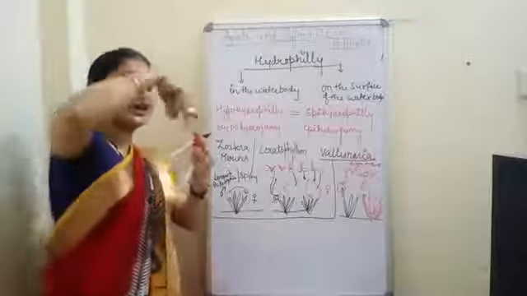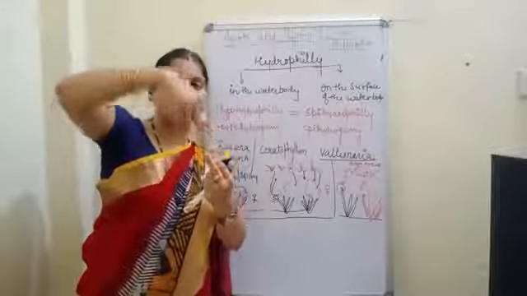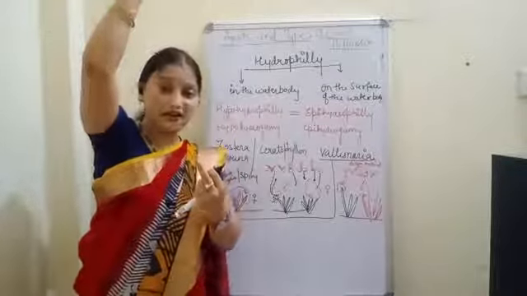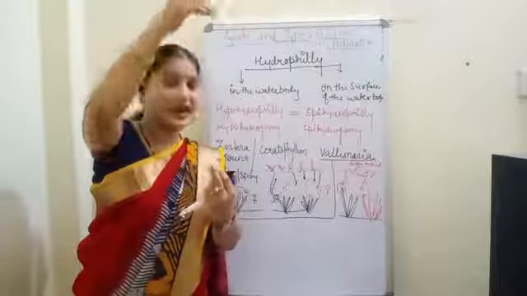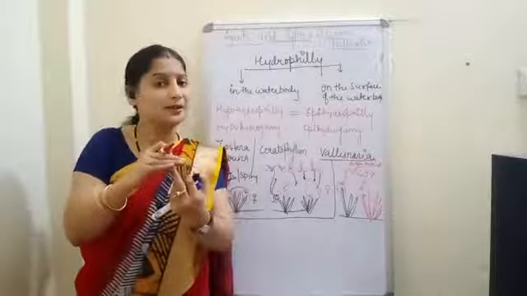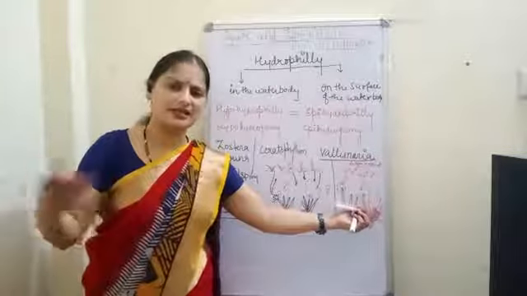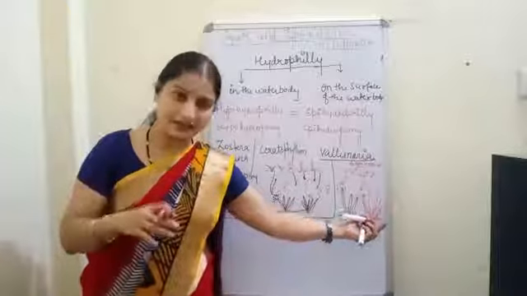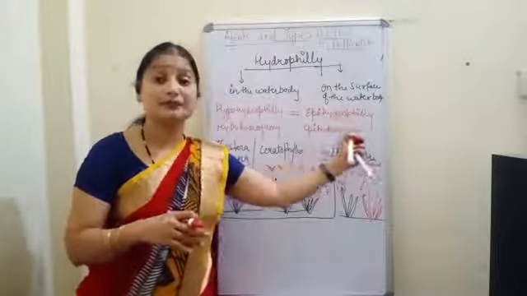The coil will open, the style will move up, reach the surface of the water body, catch the pollen grains and come back to its original position. And then the next process, fertilization and formation, will take place. So this is called epihydrophily.